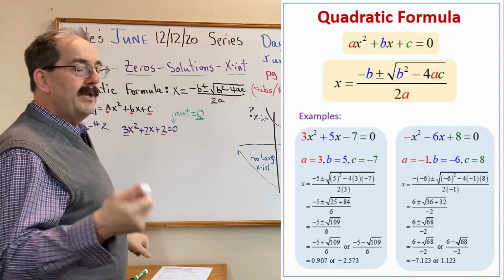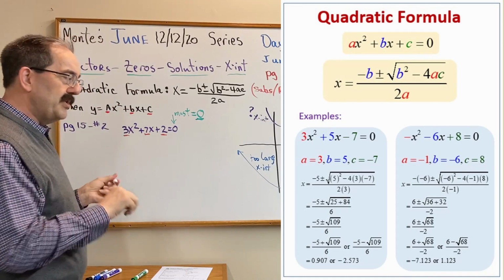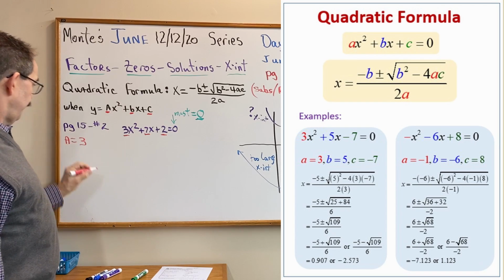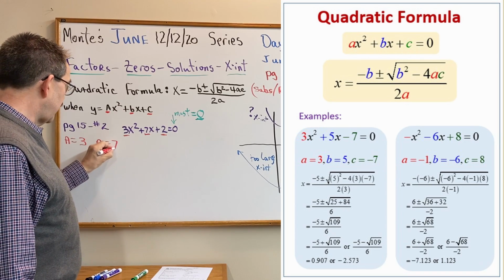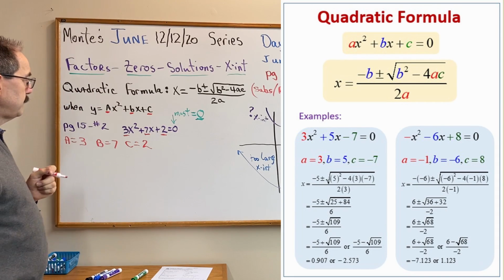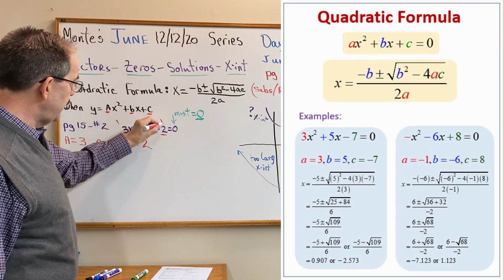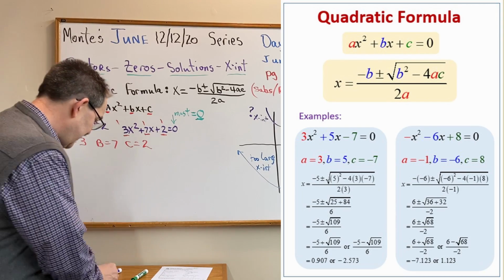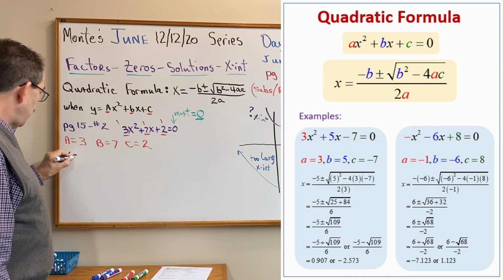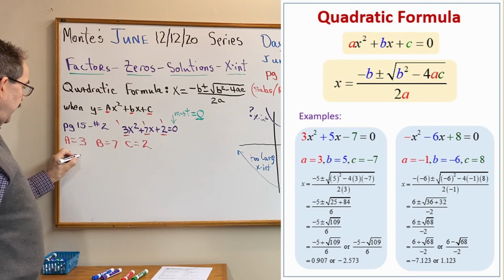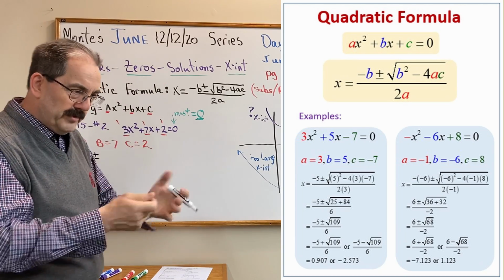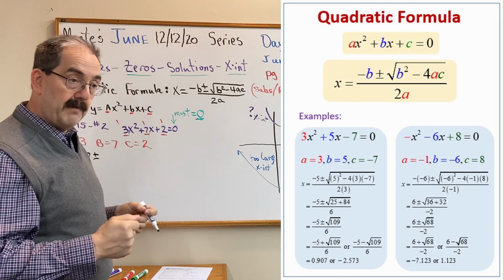All right. Now, I really like it if you always write it out so that we don't make mistakes, because there's a lot of math here. Let's write a equals 3, b equals 7, c equals 2. Go ahead and write that out. We identified A, B, C. All right. Now let's just do the math. Okay? X equals the opposite of B, so -7, plus or minus. Now remember, when you take the square root of any number there's the plus minus.